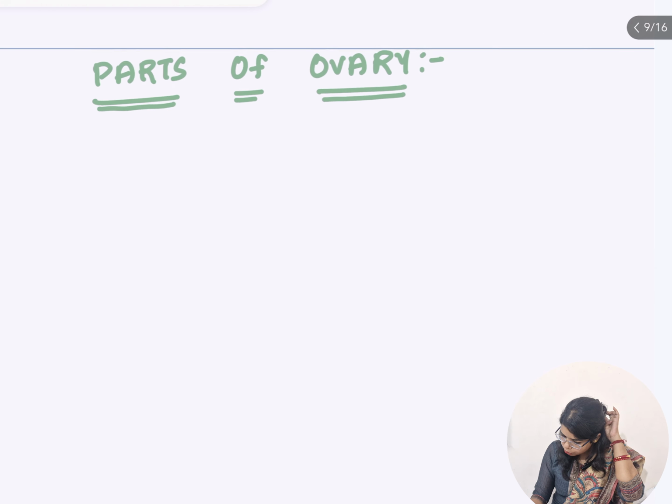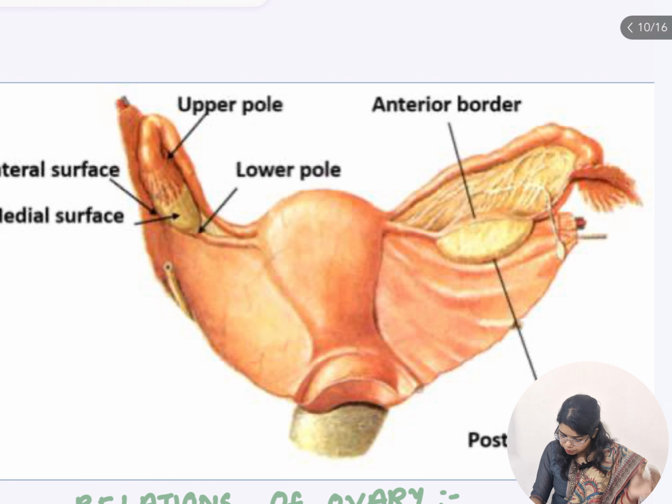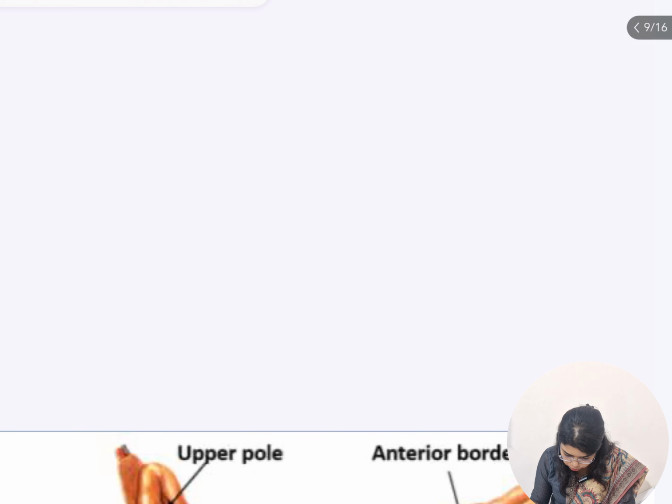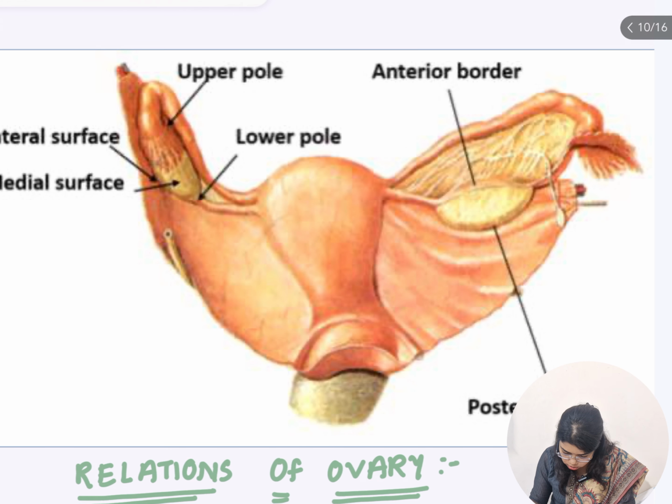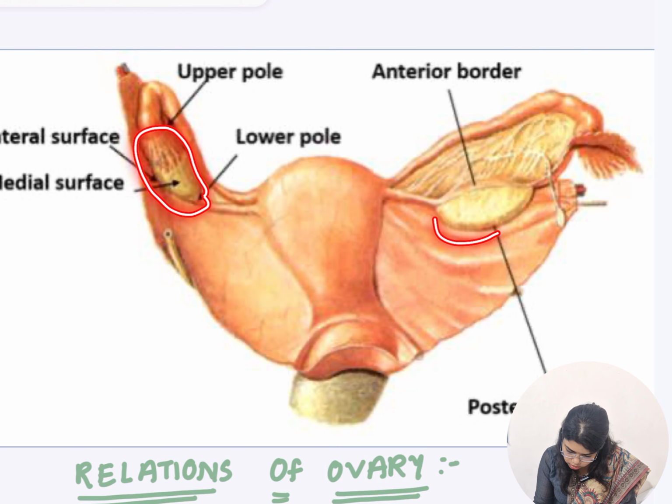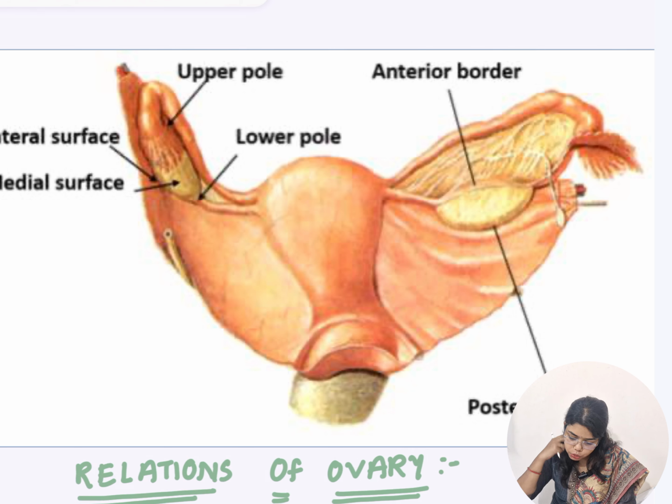Let me show you this image. See, this one is the ovary. This is a paired structure, that means 2 in number, present on either side, the left and right ovary. So it has 2 borders.